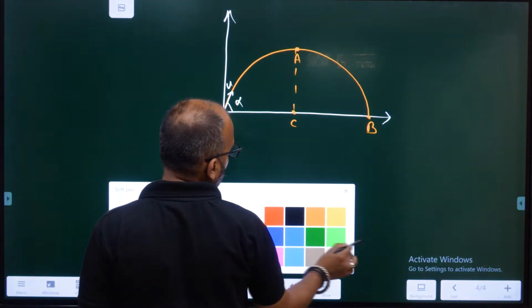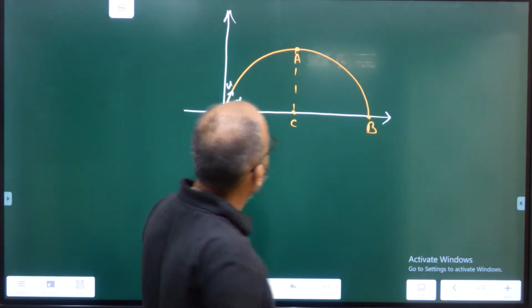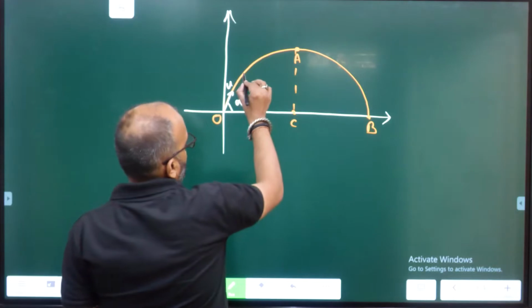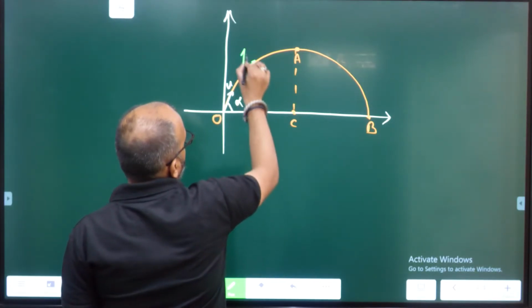Now I am going to resolve this U into two components for the entire projectile. Let us say at this point I am resolving. So that's how U is. It will be resolved like this.